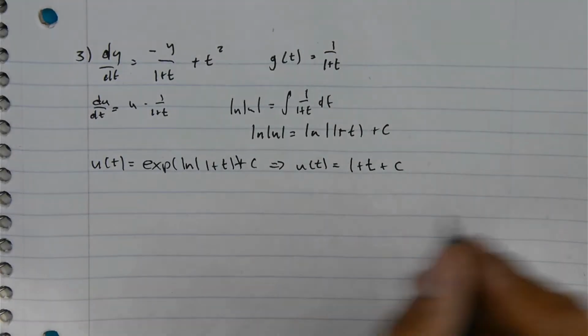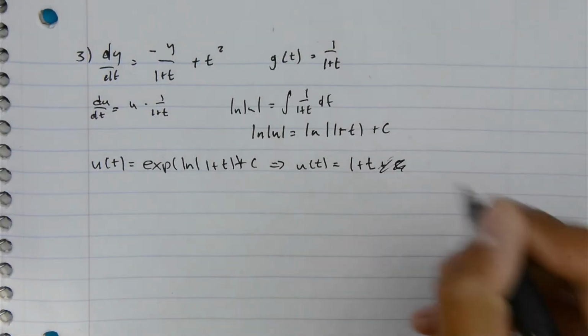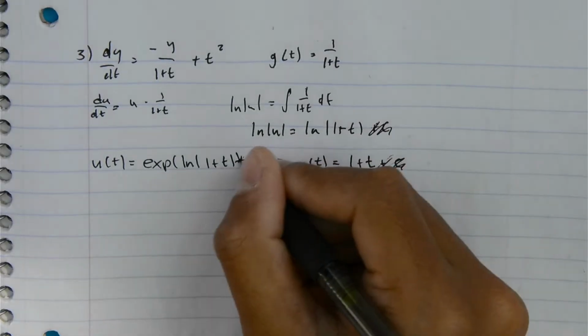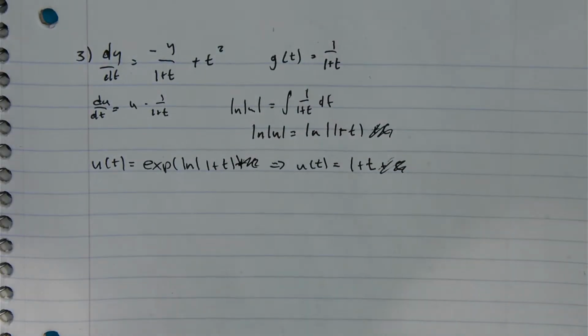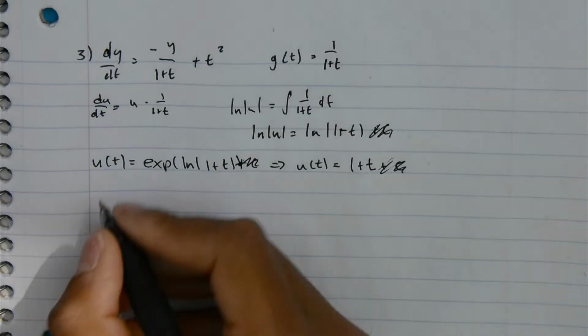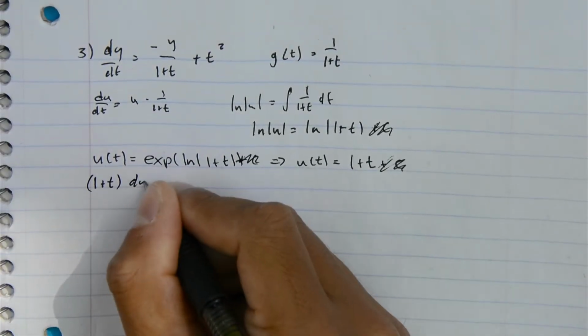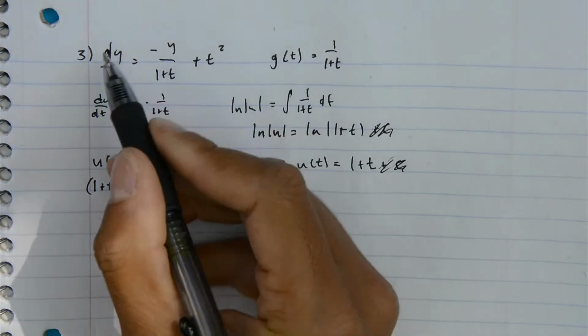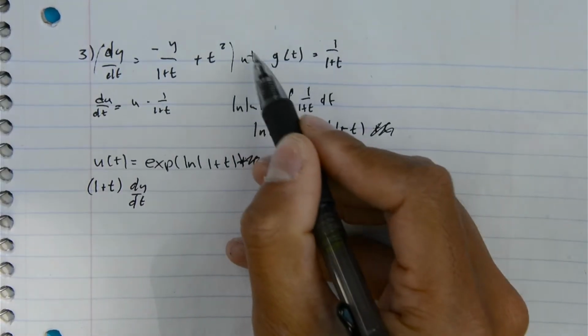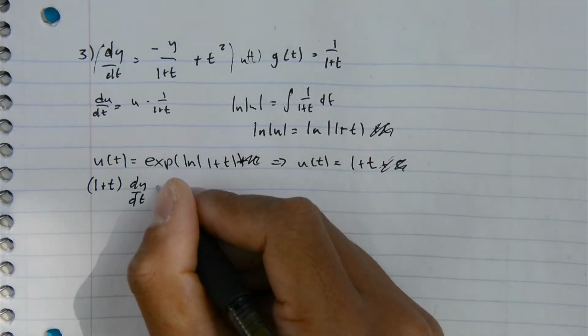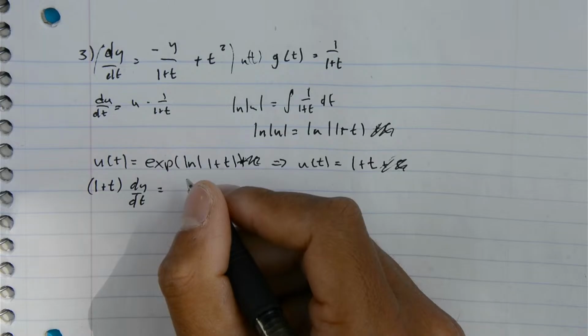We let c equal 0 on the integrating factor, so we can just get rid of that. So we're going to get 1 plus t times dy dt. Now we're multiplying both sides by u of t. Is equal to, and these are going to cancel.